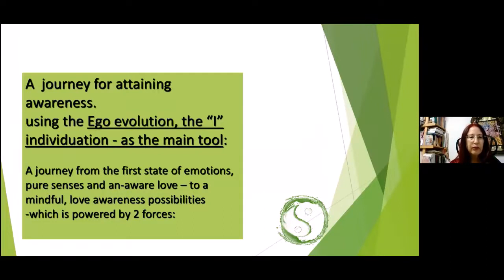It is a journey which is using the ego evolution, the evolution of the I, the individuation, not as a bad word, but actually as a tool which helps us, humanity and Earth, evolve from the first naive and seemingly holistic place where emotions were pure, but we were in a more animalistic stage, a stage of love which is unaware of itself.